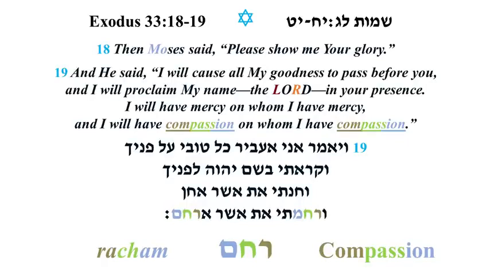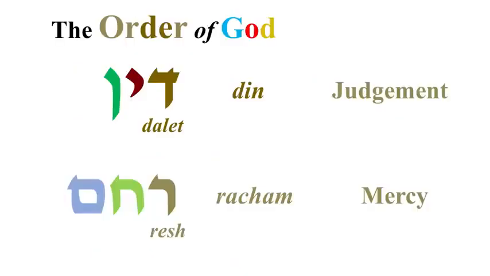I will have mercy on whom I have mercy, and I will have compassion on whom I have compassion. That word there, compassion, is Raham. So those 2 things are opposite, aren't they? You either have judgment or you have mercy. Very nice. And it's those 2 letters begin those 2 words.